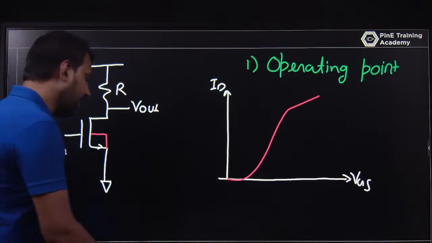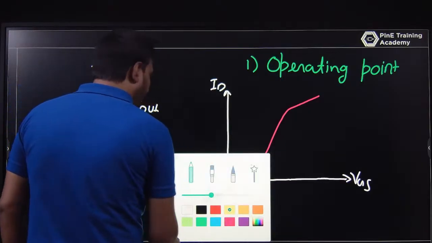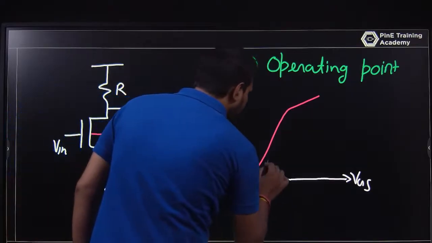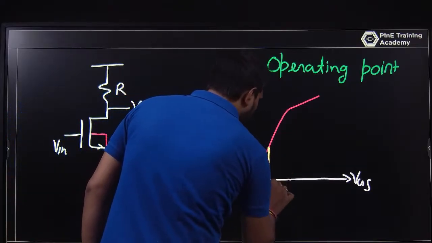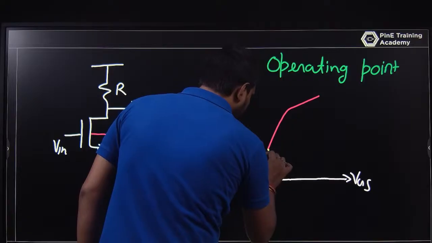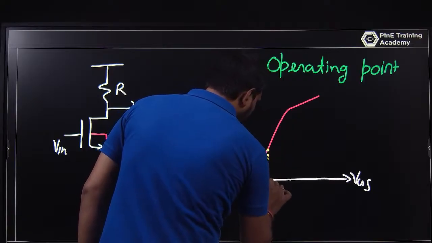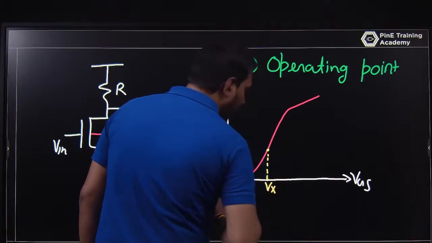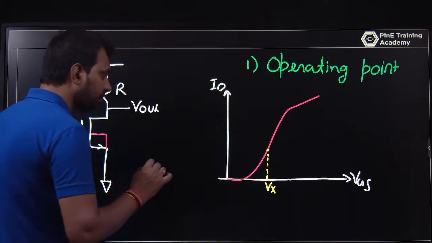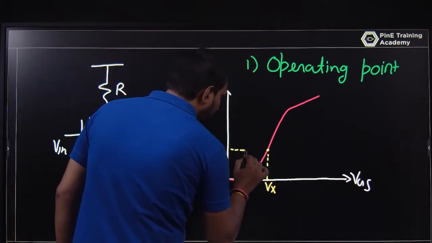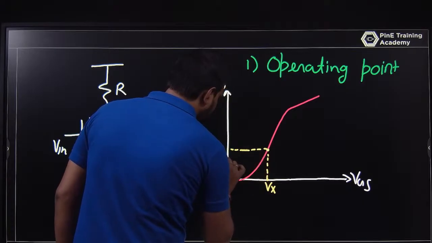I am fixing this point as the operating point of the gate voltage, that is Vx, and at this point you have some Ix.